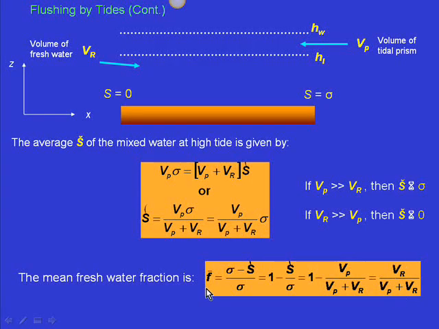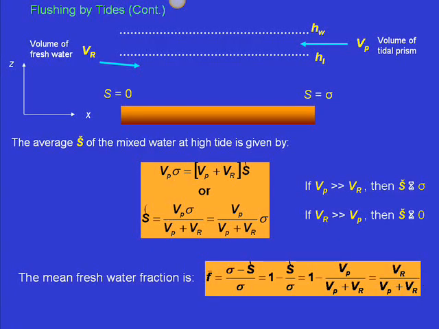So the bottom line is that the mean freshwater fraction equals this ratio, the ratio of the freshwater volume divided by the sum of the freshwater volume plus the tidal prism. So again, we're going to use this relationship sometime, I guess, in the following slide.